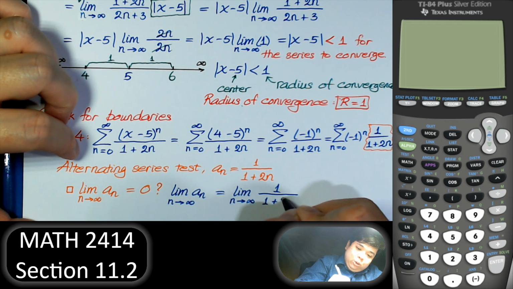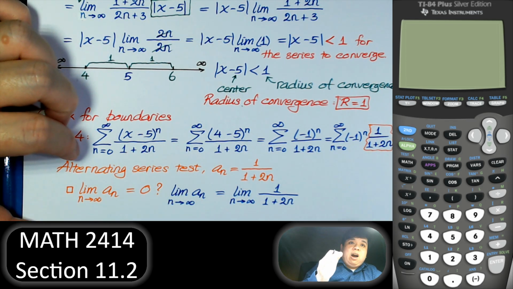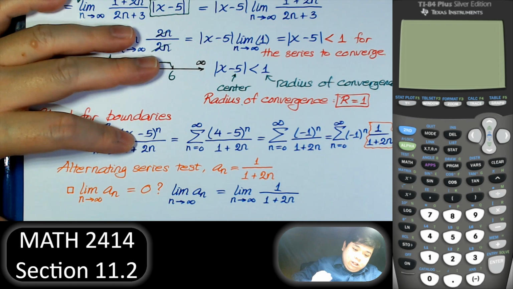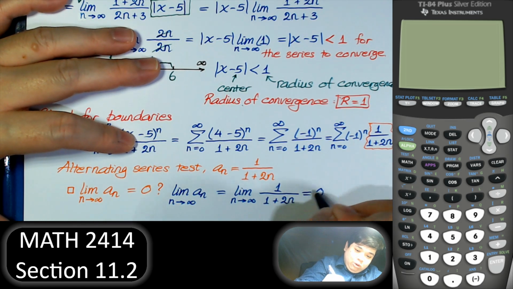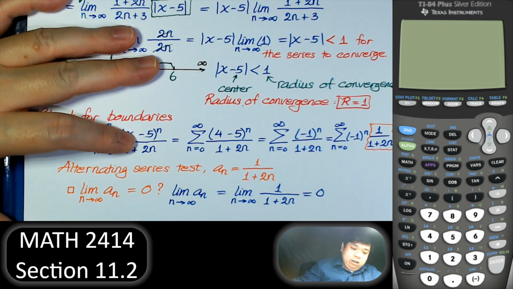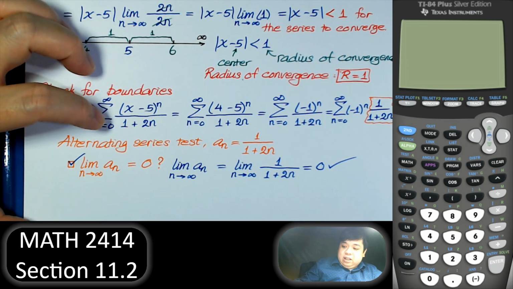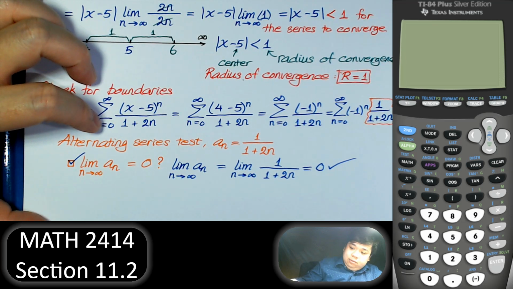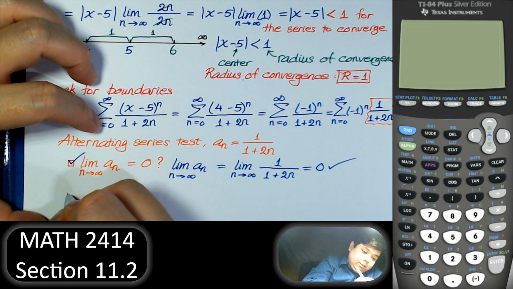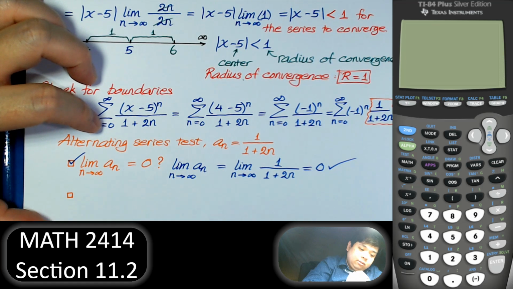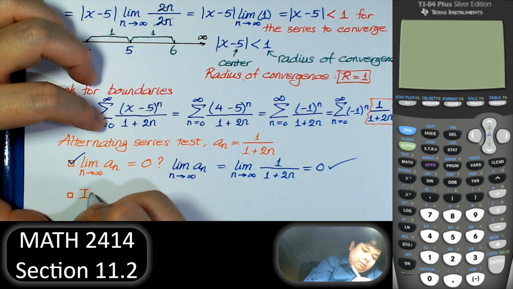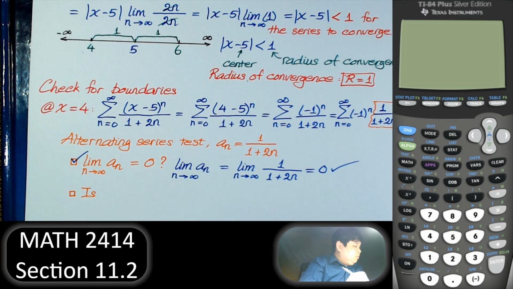As n goes to infinity, it is finite over infinity, so this equals 0. So yes, that checks. And the next is whether the sequence is non-increasing.